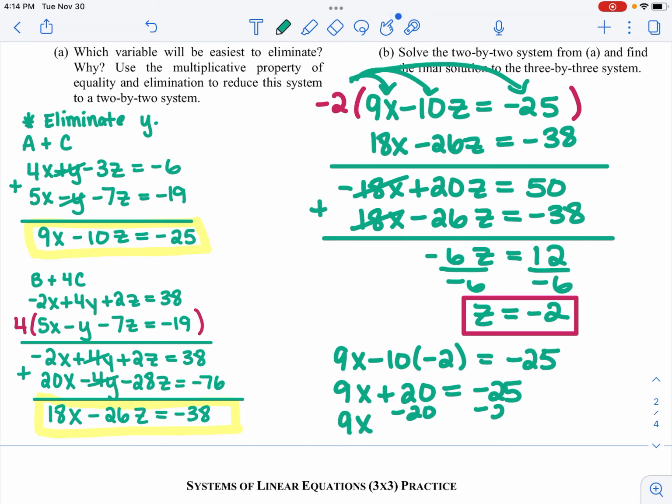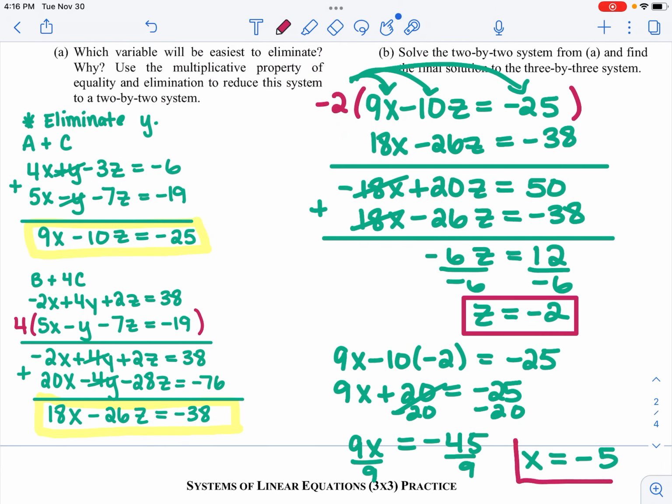Subtract the 20, so 9x is equal to negative 45. Divide by 9. We get x is equal to negative 5.